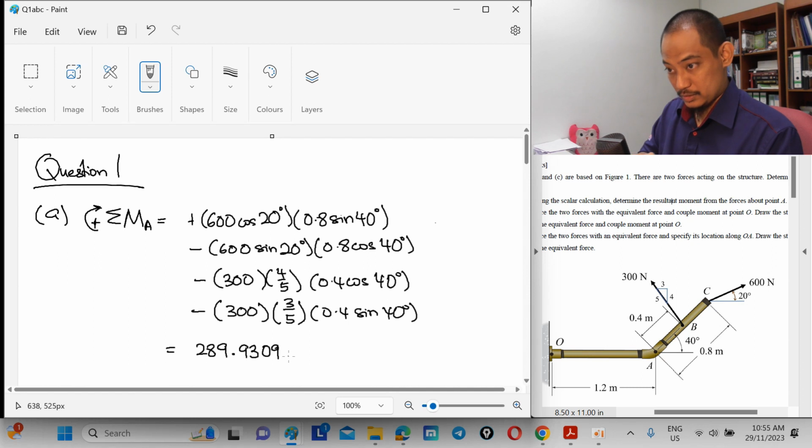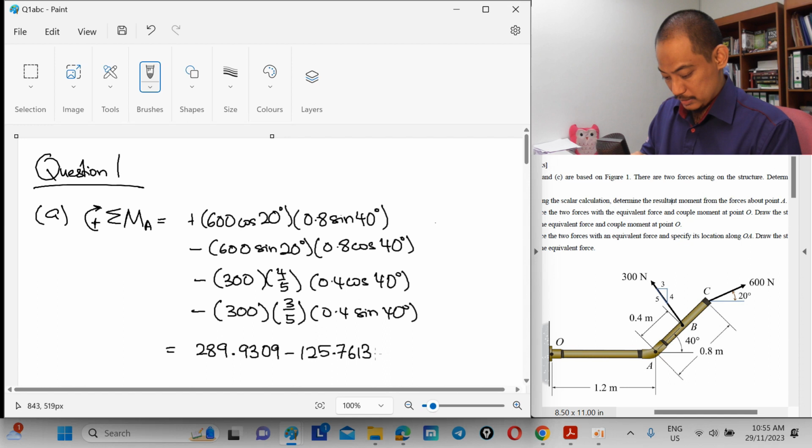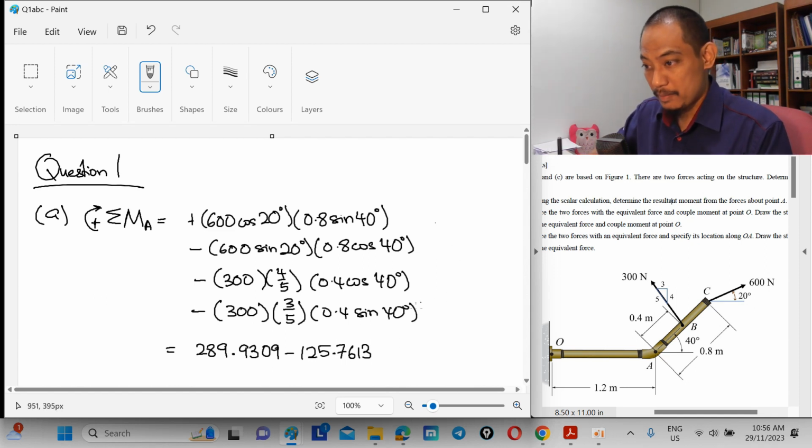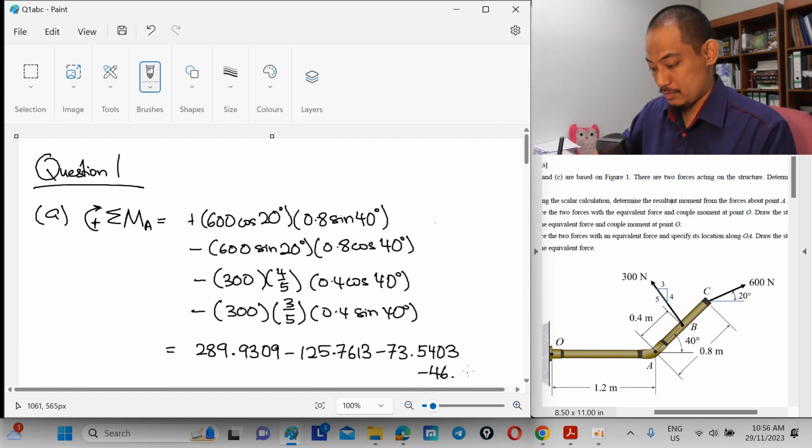Okay, so 600 times sine 20 times 0.8 times cos 40, so minus 125.7613. 300 times 4 over 5 times 0.4 times cos 40, minus 73.5403, and then 300 times 3 over 5 times 0.4 times sine 40, minus 46.2807.